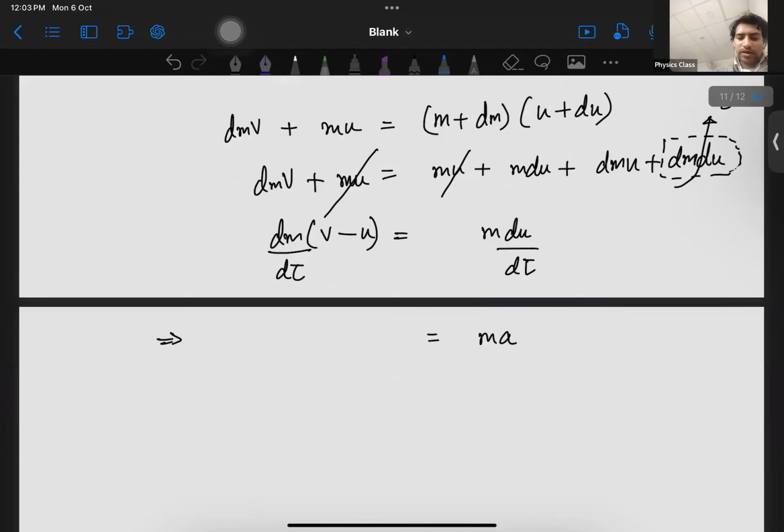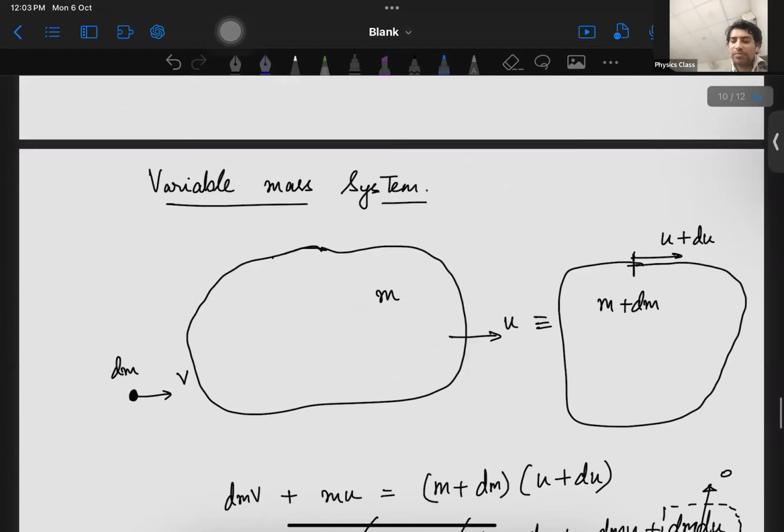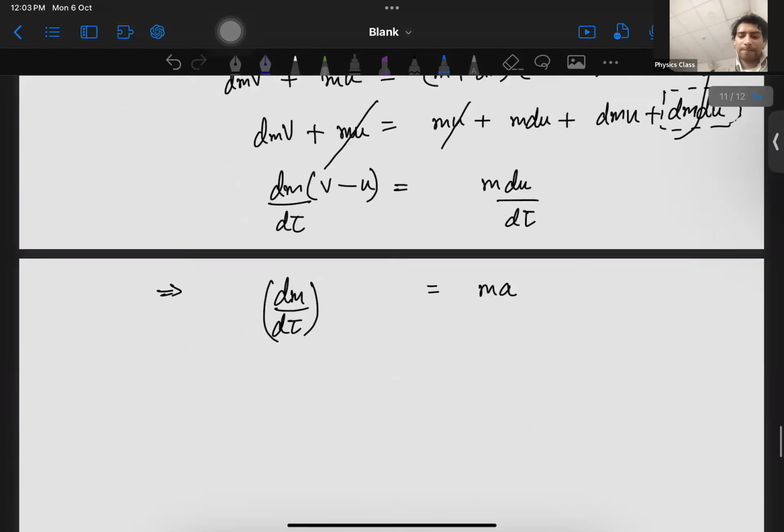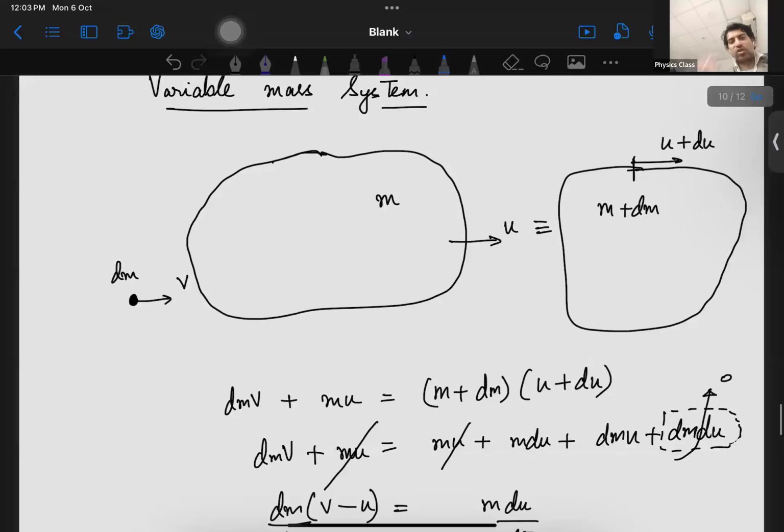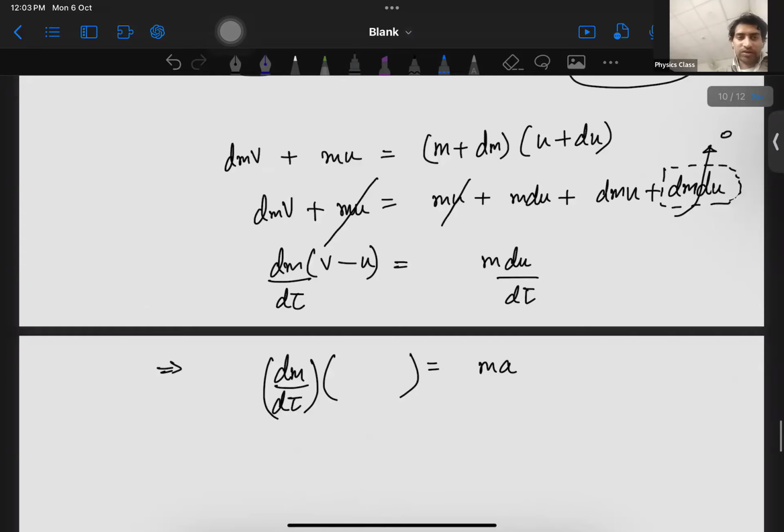And what is dm divided by dt? Is it not the rate at which the mass of the system is changing? The final mass is m plus dm, the initial is m, so change in mass, final minus initial, divided by the time taken, into v minus u. V is the velocity of the particle minus u, the velocity of the mass m, and this is nothing but the relative velocity.